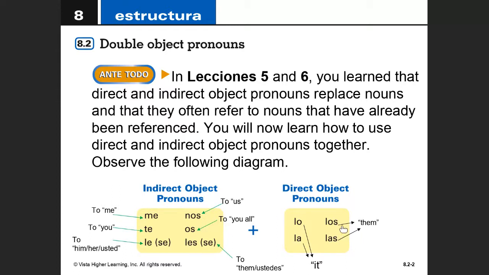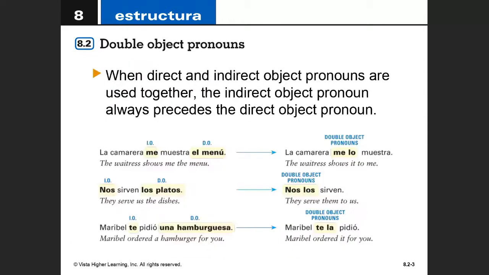Los perros, los libros, and over here, las gatas, the cats, the female cats, las hermanas, las amigas, and so on. Okay? At this point of the semester, I'm pretty confident that you do remember that we have to establish that relationship between singular or plural, masculine or feminine. That is very, very important in Spanish.